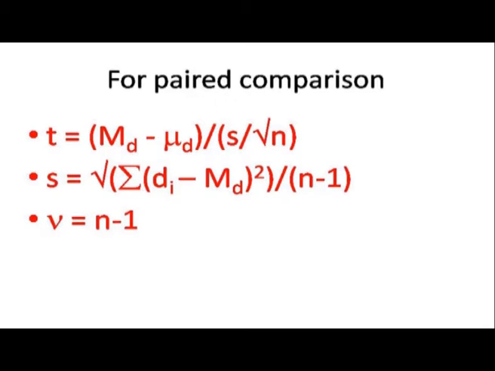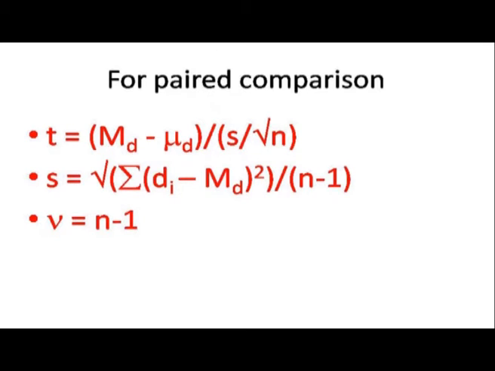So, difference for ith pair, mean difference for overall sample, whole square divided by n minus 1. This is the formula for variance of d. Here we should write S square, and S is the square root of this whole thing, that is standard deviation, or that is standard error of m d minus mu d.